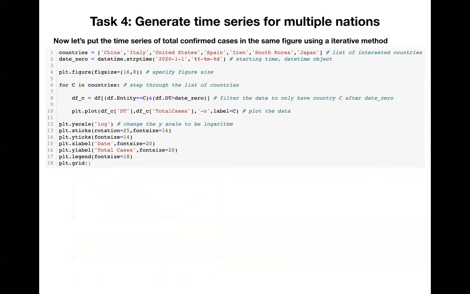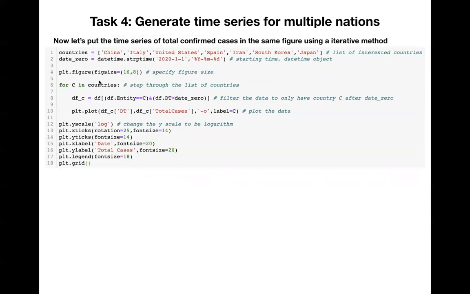All right, so we can also put multiple time series on the same plot using a for loop, right? So now here's the example of what I did. If I want to plot seven countries, China, Italy, United States, Spain, Iran, South Korea, Japan, and plot all these countries' total cases as a function of time in the same plot, you do exactly the same thing starting from January 1st, and then I create a figure.